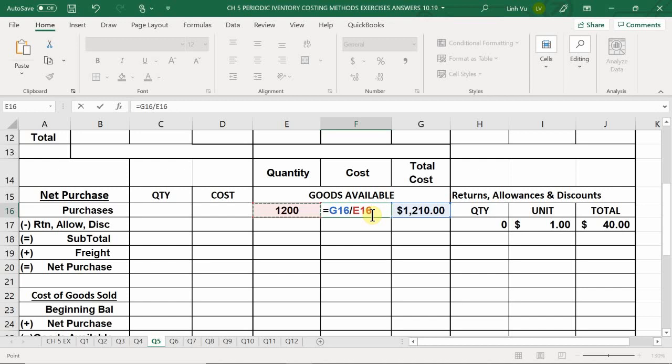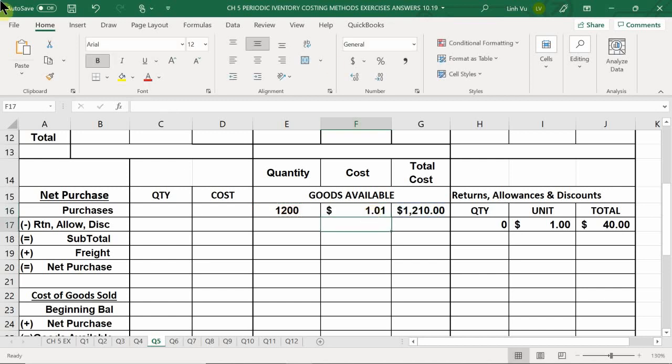What is my cost per item going to be? $1.0083.